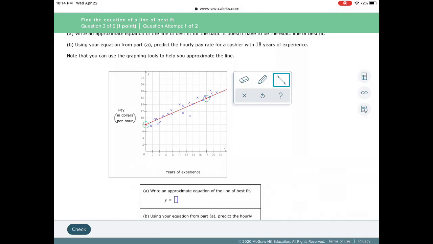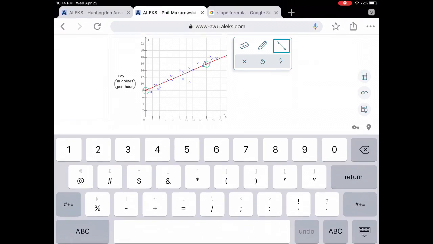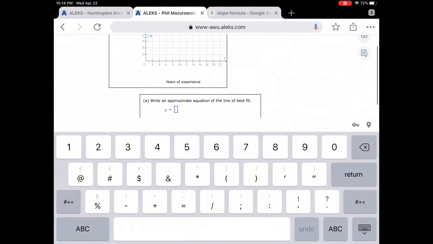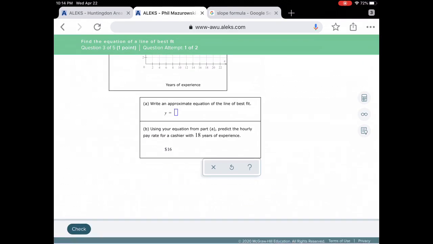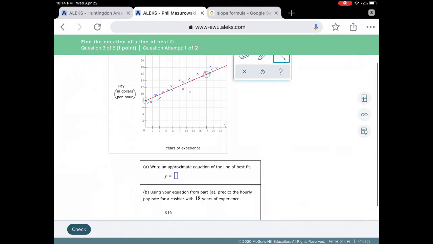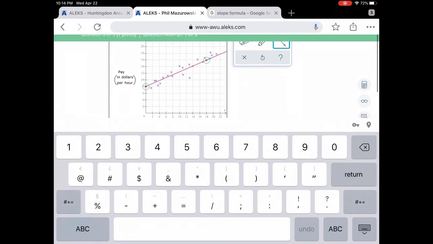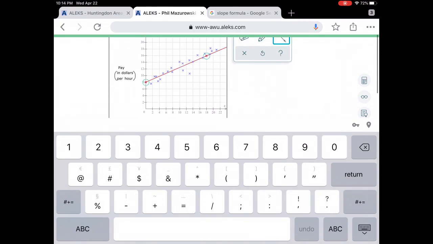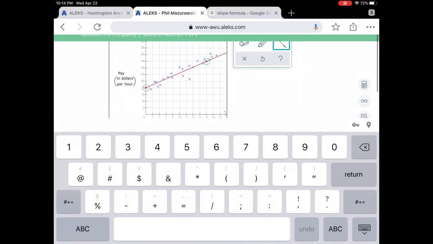So automatically, we know since we put that point on 18, that we can just go ahead and, let's see, that is the point (18, 16). So we can go ahead and put 16 in there without really having to do the math once we get the equation. We know in y equals mx plus b, the b is going to be 8. So all we really have to do now is figure out what the slope is going to be.